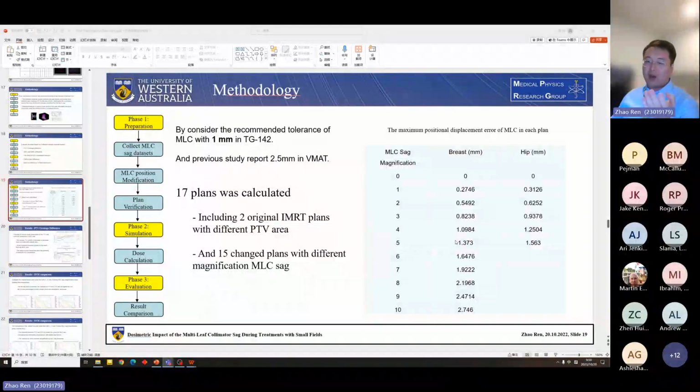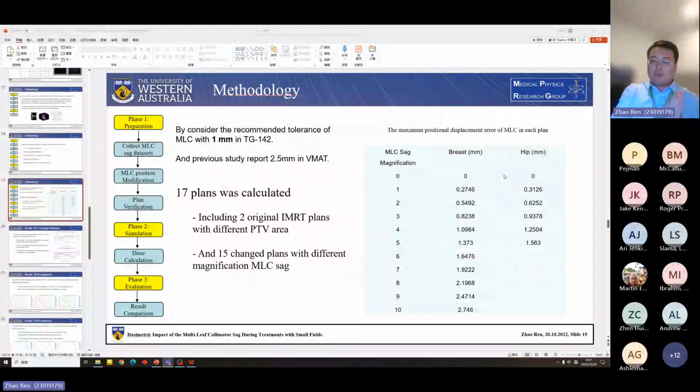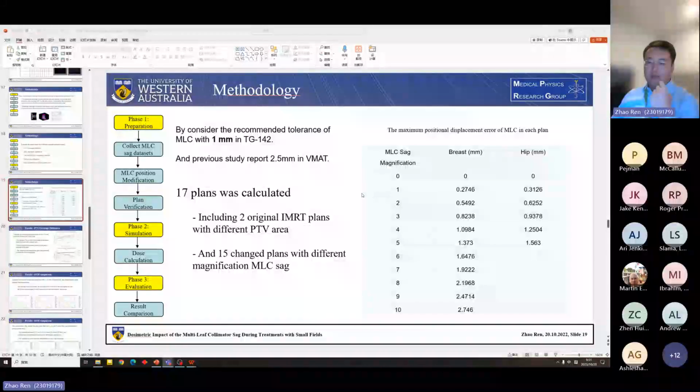Maybe I should figure that out, and then I can use more plans to compare with each other, for example 3 or 4 more small field plans instead of only 1 small field and a big field with the breast plan. We can compare small fields in different body parts. Yeah, there are so many aspects I can use to improve this investigation.